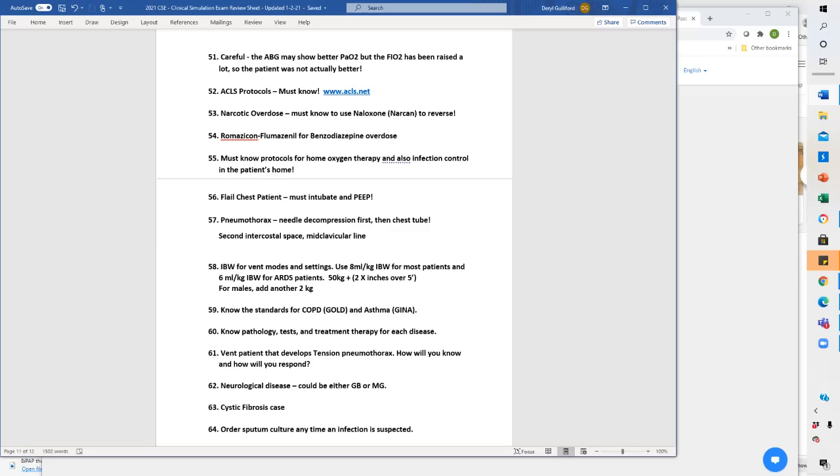You're looking for a MIP stronger than -20 to keep the patient off the ventilator. If it's less, like -15, -10, then they're going to get ventilated. And you're looking for tidal volumes at least 5 milliliters per kilogram. If it's less than that, the patient's probably going to get intubated.